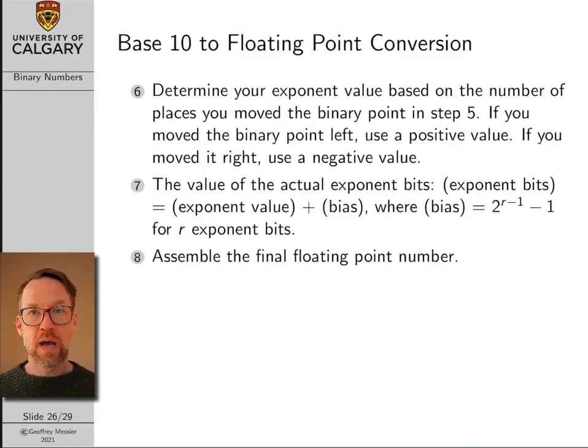Once we've determined our mantissa, we'll have our integer component and our fractional component. We then need to adjust the location of our binary point left or right so that we have only a single 1 to the left of the binary point.